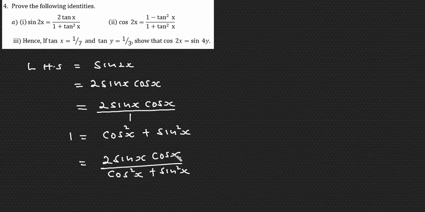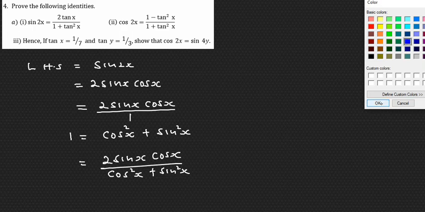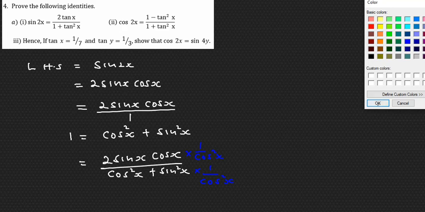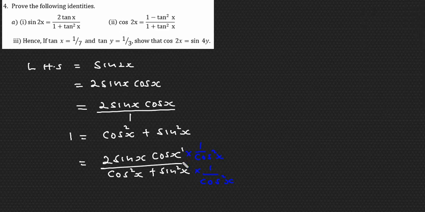Now I can create a tan by dividing by a cos. I'm going to divide by cos squared x both in the numerator and the denominator, that is, multiply by 1 over cos squared x. So when I do that, the numerator's cos squared cancels, so remaining is 2 sine over cos.